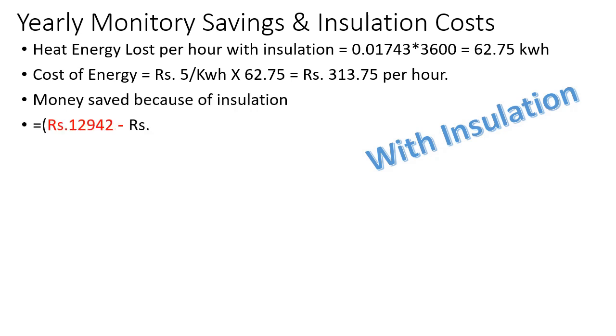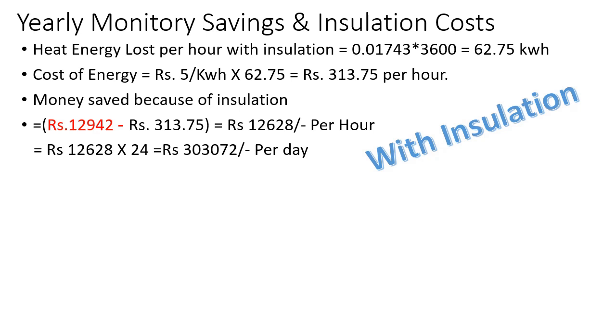So the cost of energy lost would be 313.75 rupees per hour. Now, the money saved because of insulation. Here it is interesting. The money lost because of non-insulation is 12,942 rupees per hour, whereas the money lost because of the insulation is only 313.75.